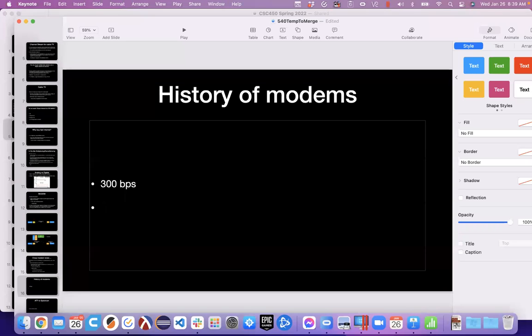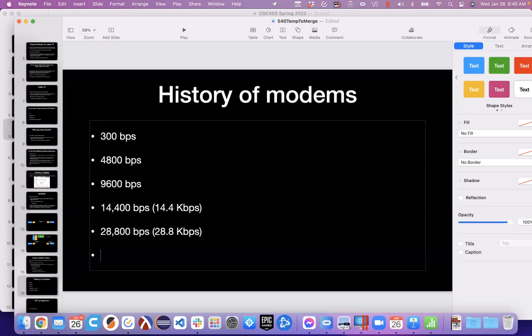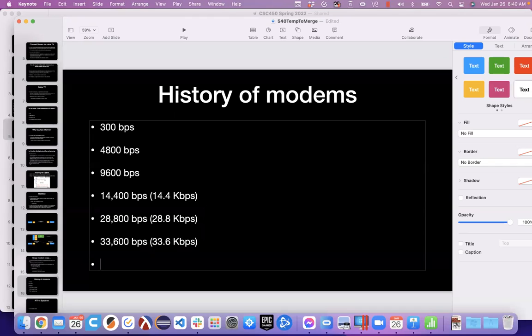We had a 4800 BPS, 9600 BPS, 14,400 BPS, or 14.4 kilobits per second, 28,800 BPS, 28.8 kilobits per second, 33,600 BPS, 33.6 kilobits per second. Then you would see something called a 56K modem.